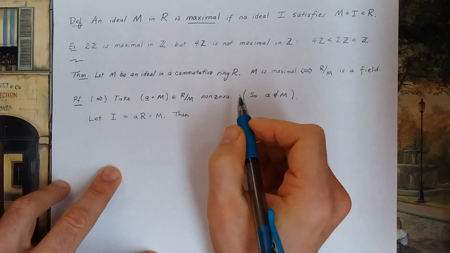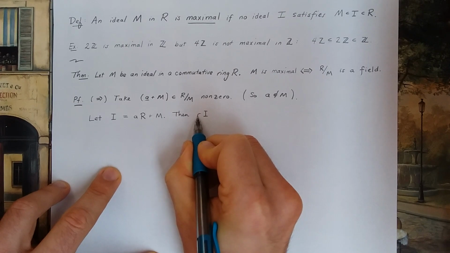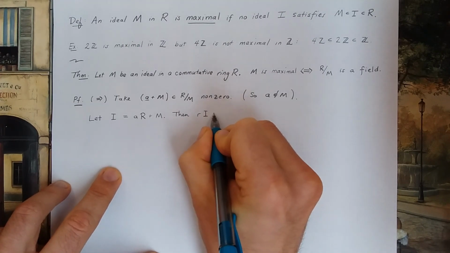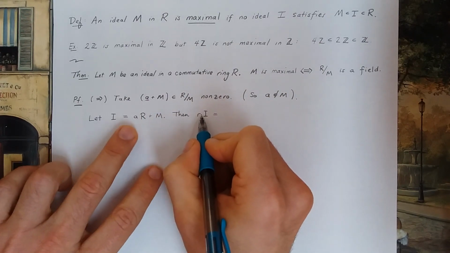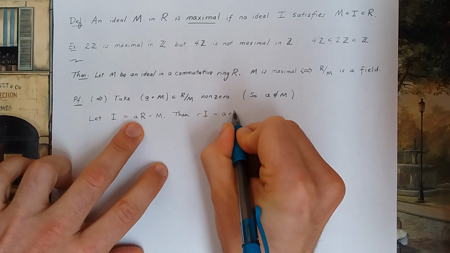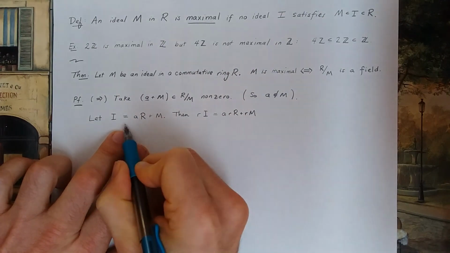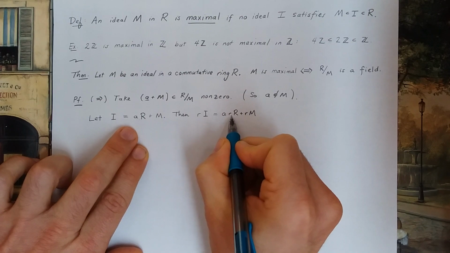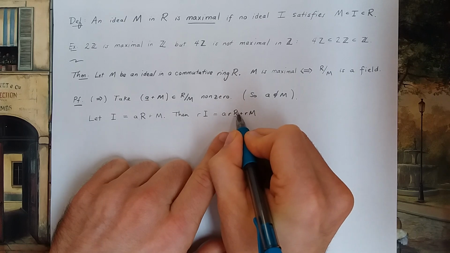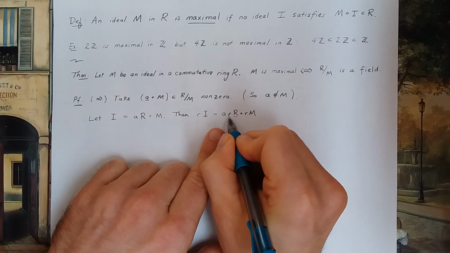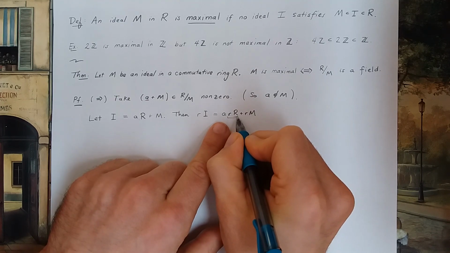And I claim that I is an ideal. Well, let's check. To verify something's an ideal by the definition, I need to look at little r times I. Now the multiplication is commutative, so this is A little r big R plus little r M. So I'm distributing the r across and using the fact that the ring is commutative to put the r next to the big R. Now, the ring R is closed under multiplication, so this little r times big R is back in the ring.